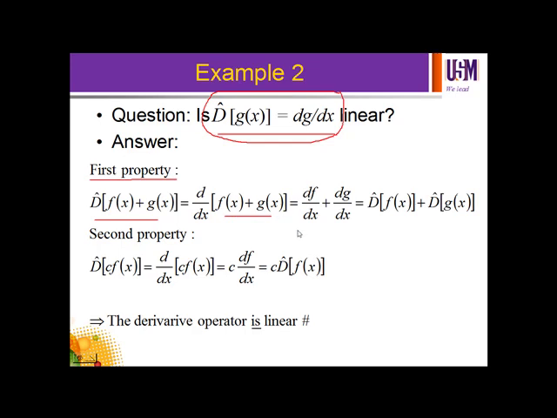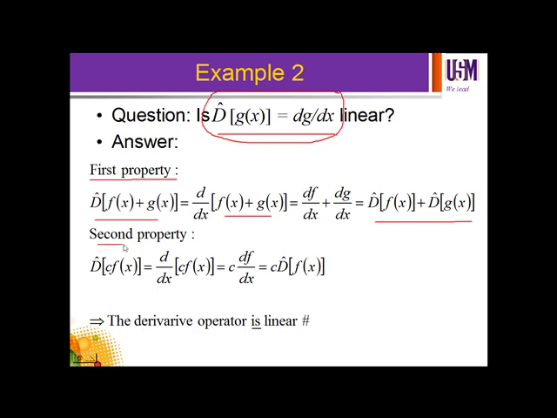The summation f plus g can be separated into two: df per dx plus dg per dx. df per dx is an operator of f, and dg per dx is an operator for function g. So you can see that this does fulfill the first property of a linear operator.